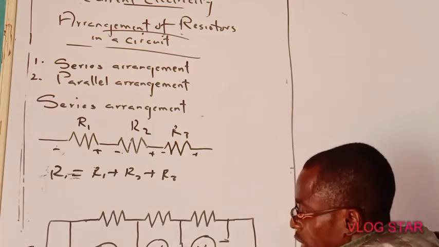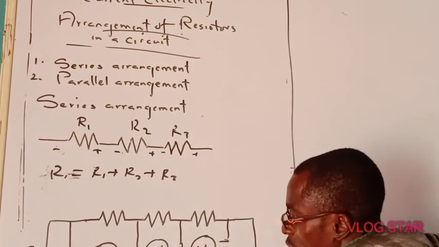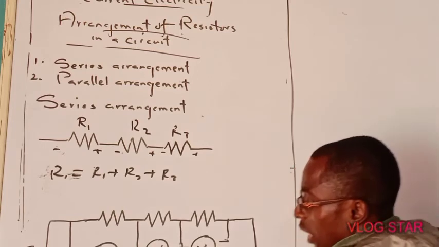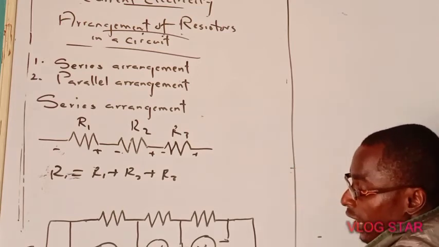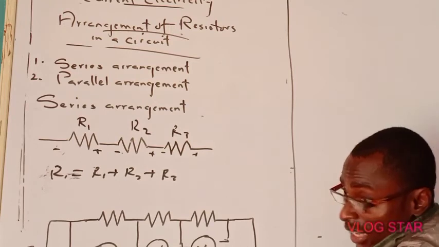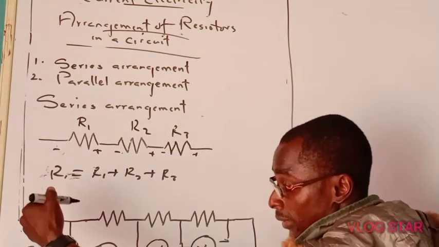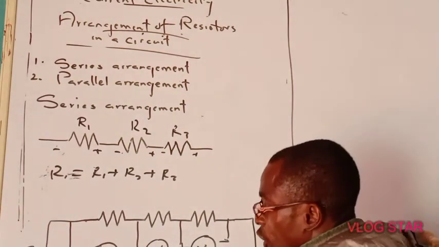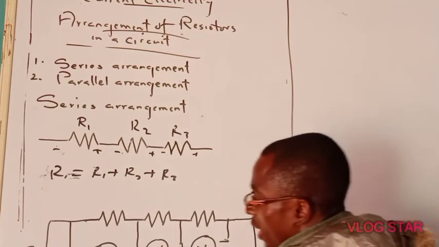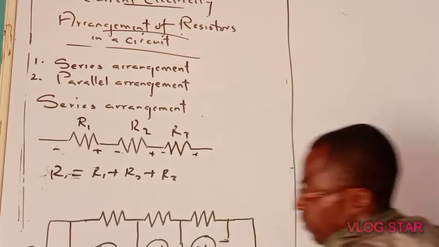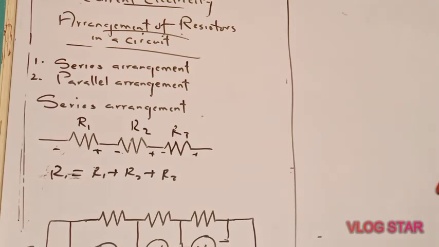So I have my cell or my battery this way, positive, negative. Note that at the positive end, I told you the bigger one is the positive end, current flows out from that end. Now I will add a switch somewhere here. And that is just a simple circuit.